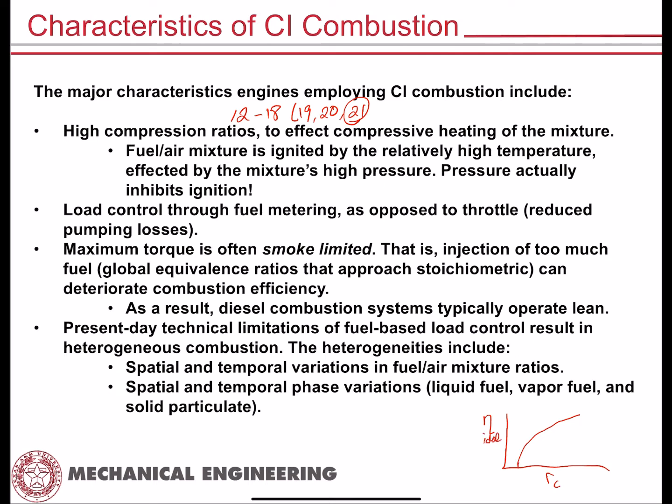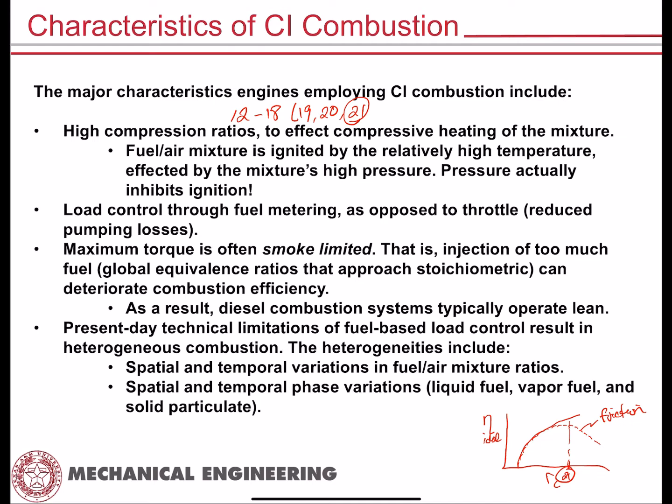If we were to plot what happens with a real engine, the efficiency curve actually looks like that as we increase compression ratio. And this peak depends on engine design, but it's somewhere around that 21 mark. What's happening as we go to higher and higher compression ratios is your friction starts to create so much loss within your bearings and your rings and your other metal-to-metal contact points.